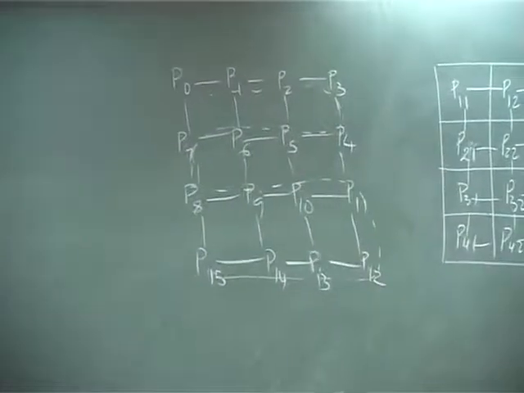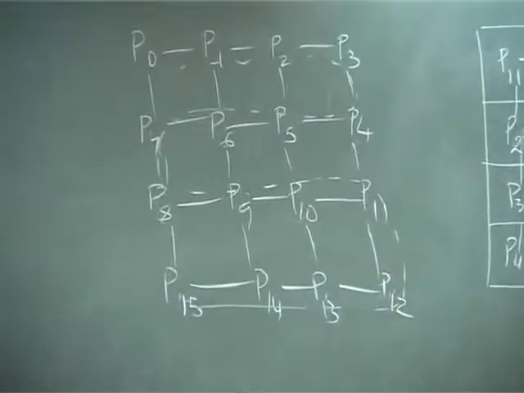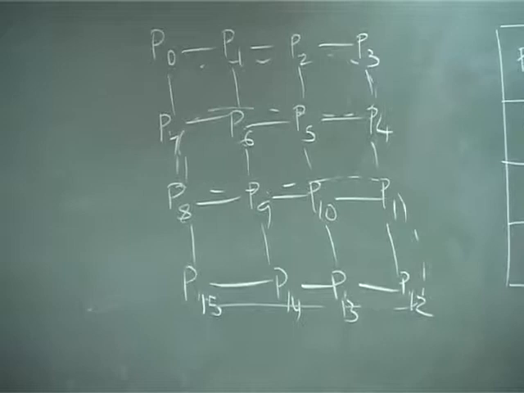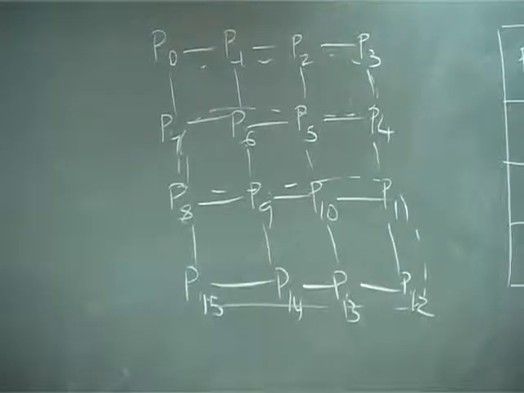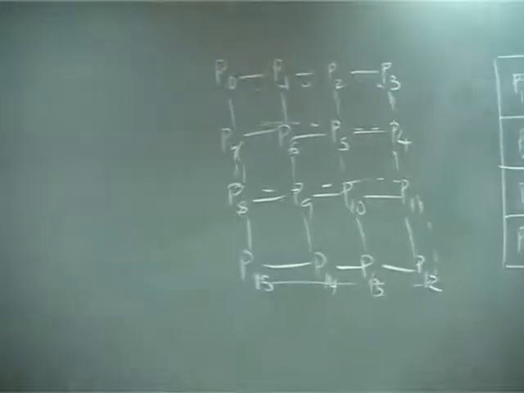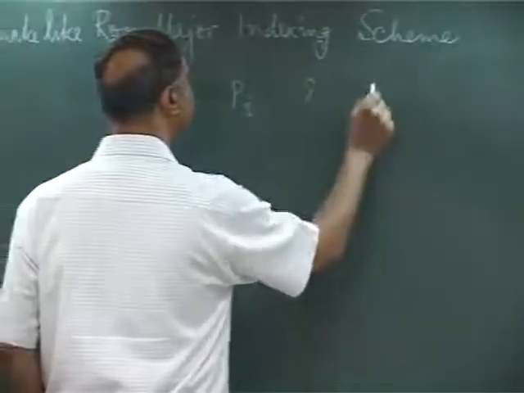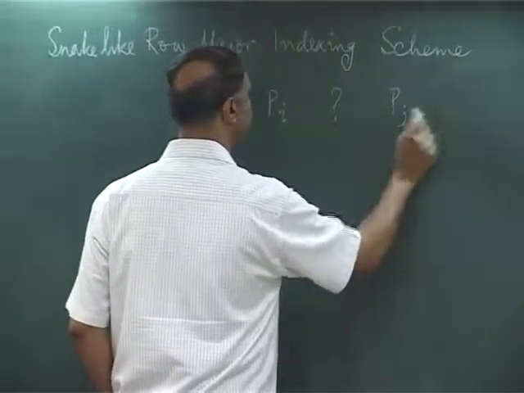Okay, that is in the form of snake or rope. And in that case, what should be the relationship between Pi and Pjk?